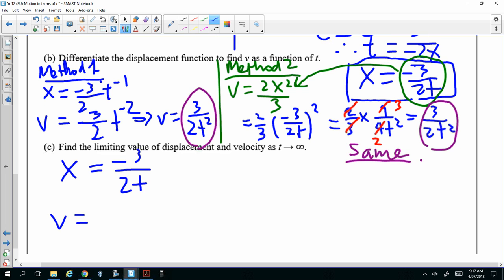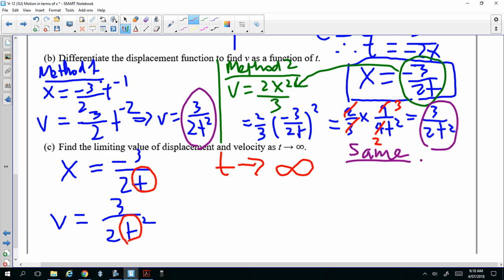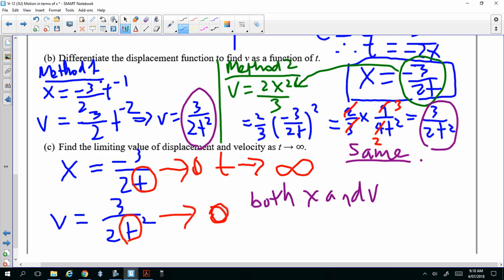In both cases, when t goes to infinity, because t is in the denominator, they must approach 0. So you can say both x and v approach 0 as t goes to infinity.